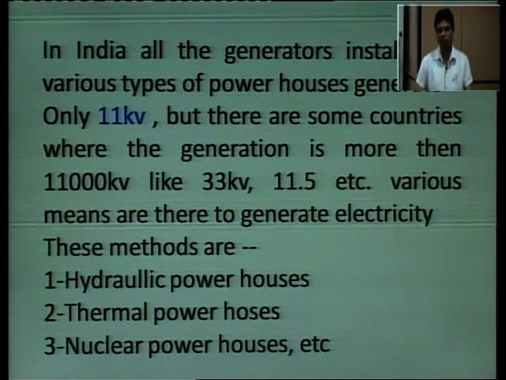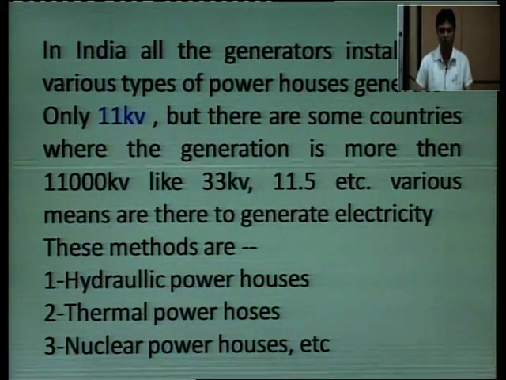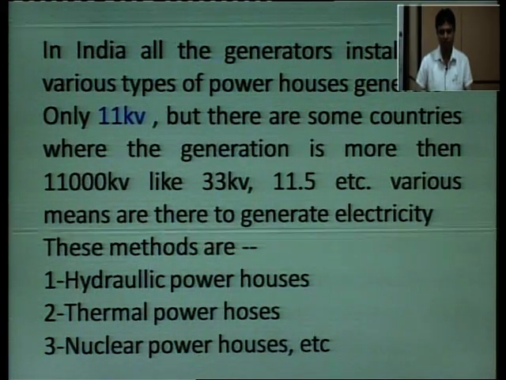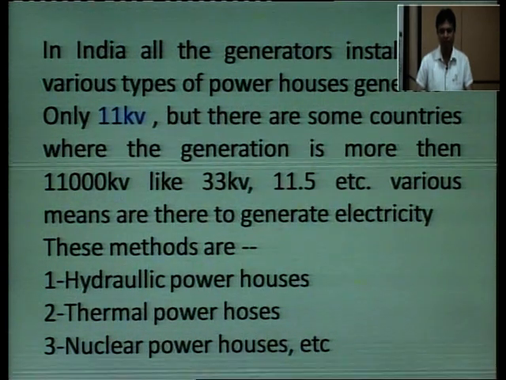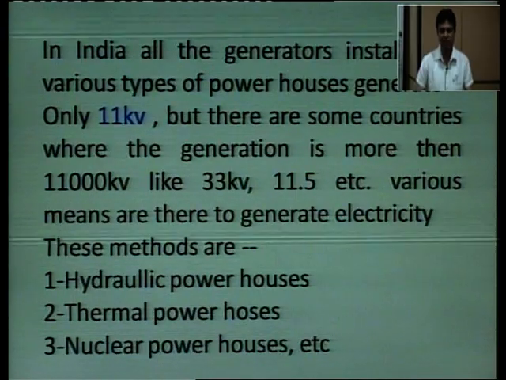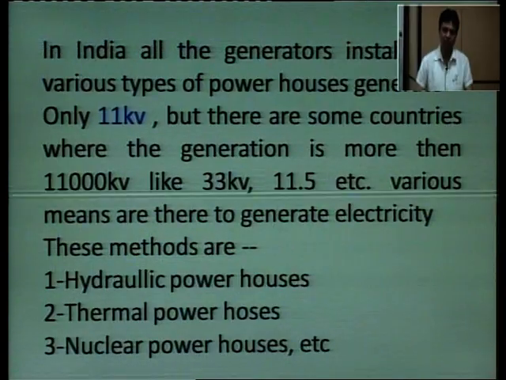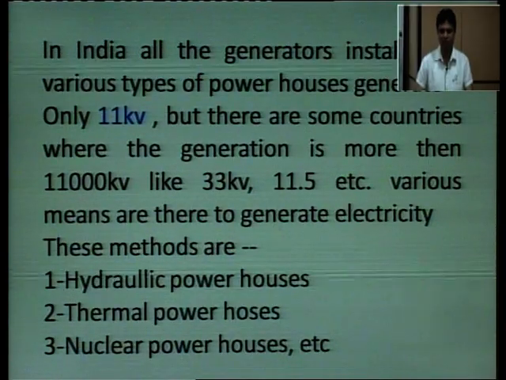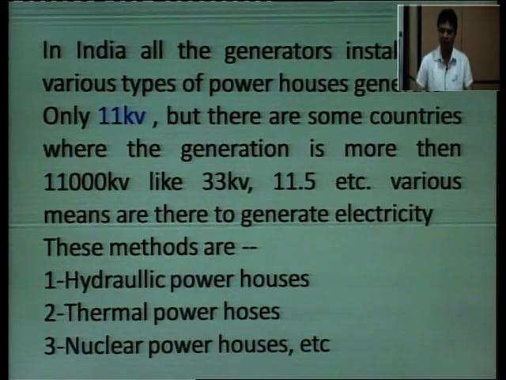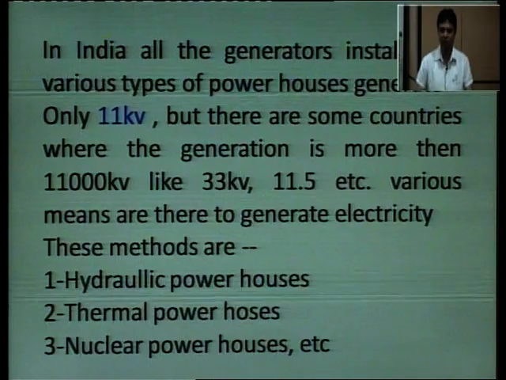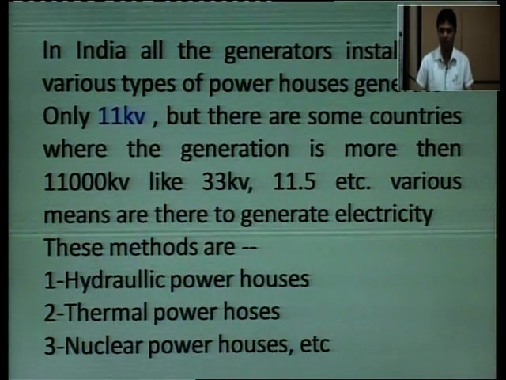In the first case we make use of water for the production of electrical power. In the second we make use of steam for the production of electricity, and in the third, which is also more important, nuclear powerhouses, we make use of nuclear energy.